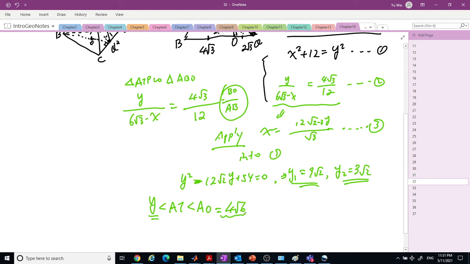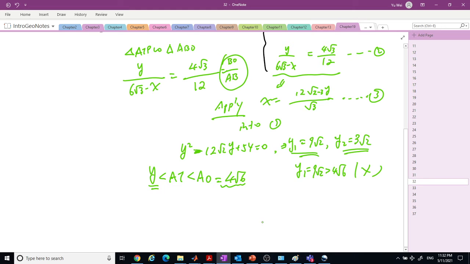So y should be less than this. But y1, 9 root 2, is greater than 4 root 6, so that's why this one is not possible. So the only possible y is y2, which is 3 root 2.